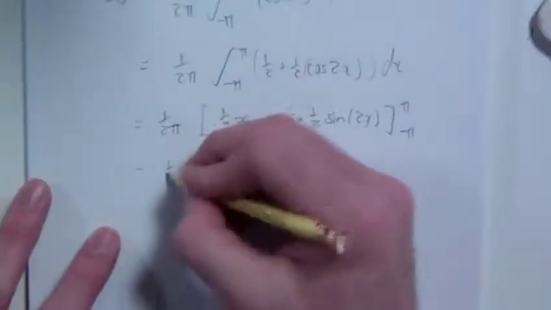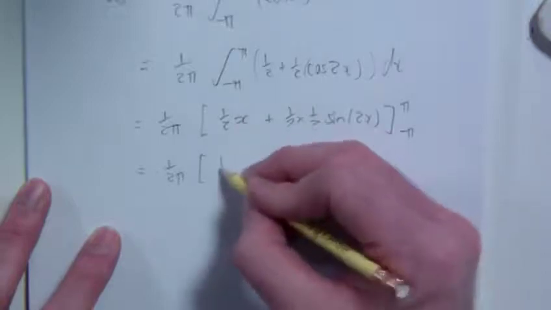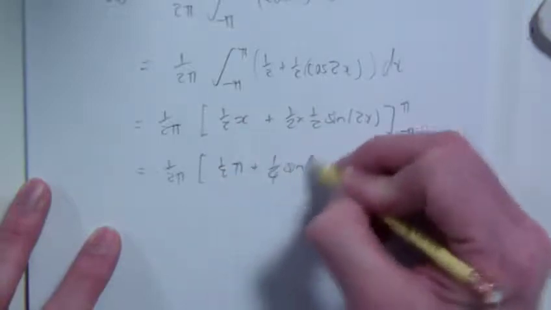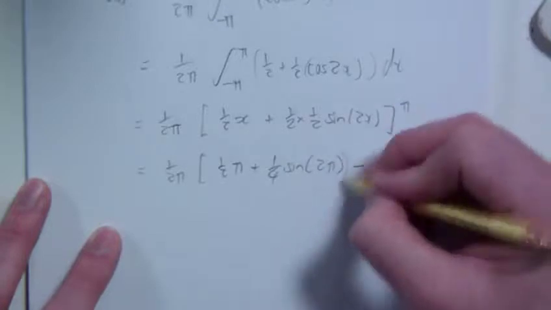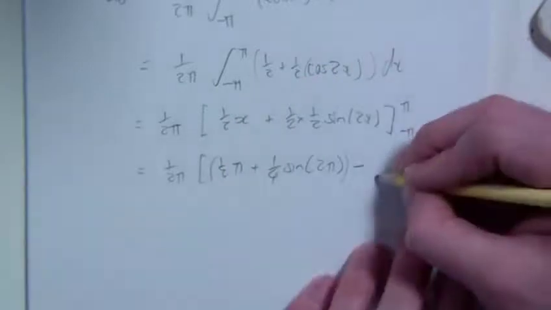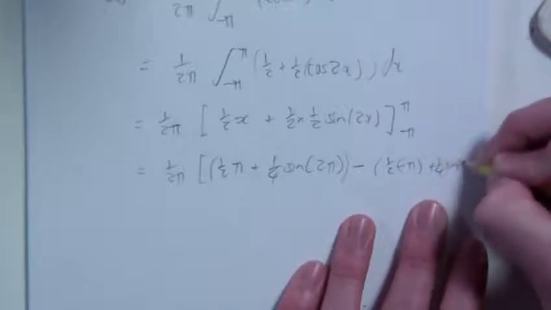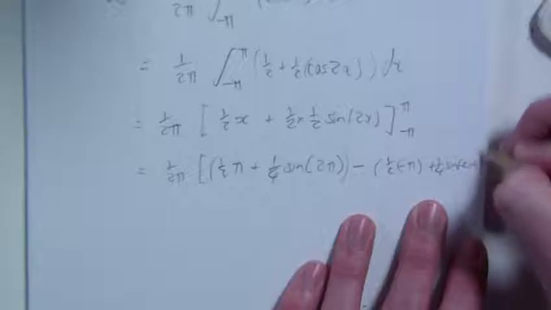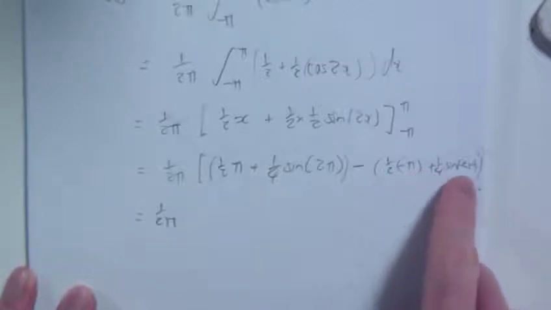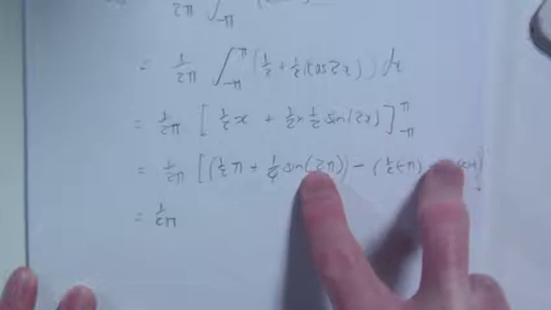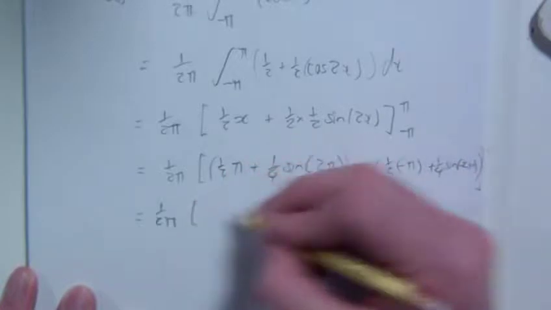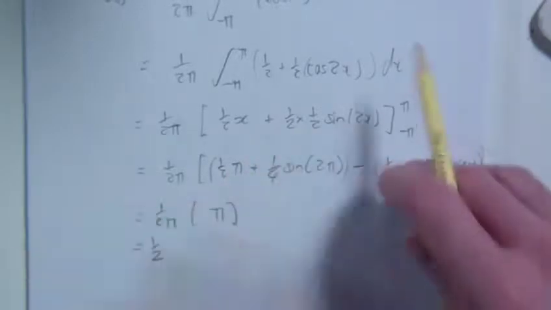And so I get, sub in pi and sub in minus pi, and then the sine of 2 pi and sine of minus 2 pi are both 0, and half of pi minus a half of minus pi would be just pi, and so I get half, as I should, because the answer was a half before for A0.